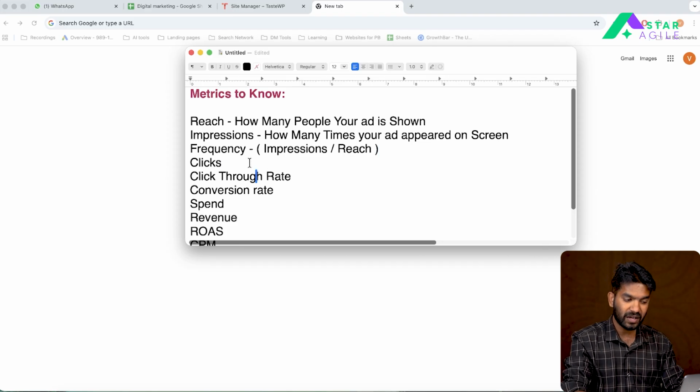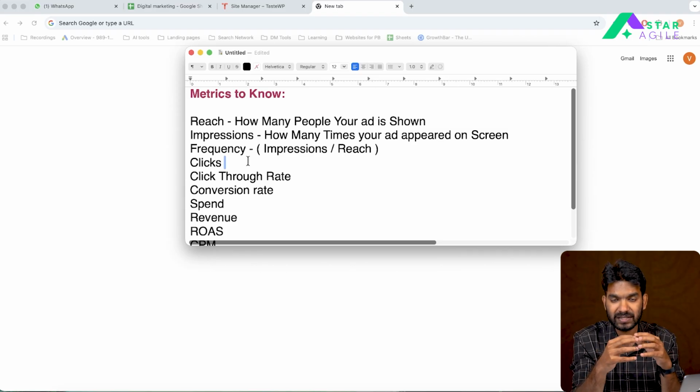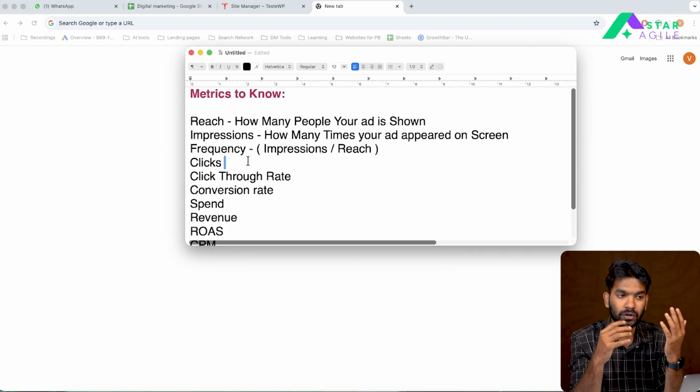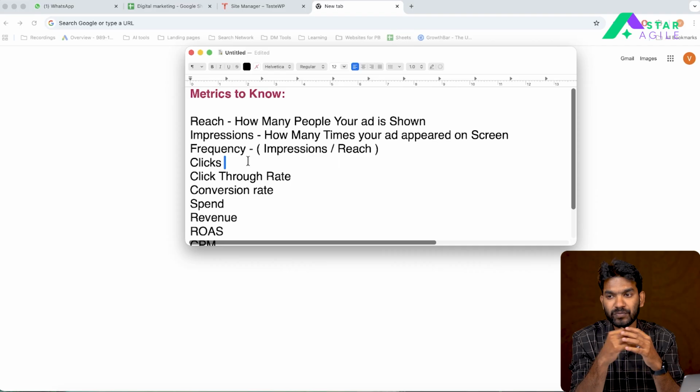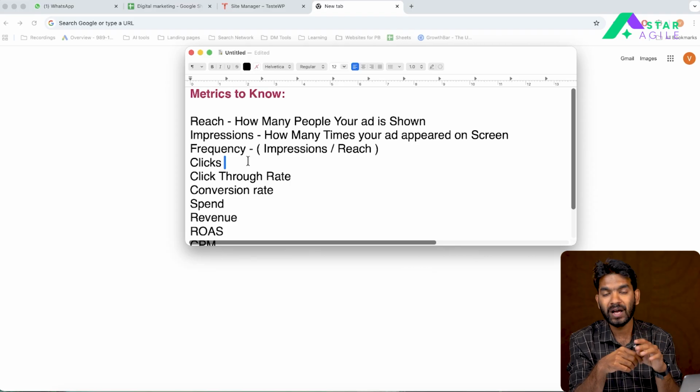It shows how many times the ad is shown to the same audience. In the previous case, if the ad is shown 2 times to Ram and 2 times to Raj, the average frequency is 2: the total number of impressions is 4 and the reach is 2.